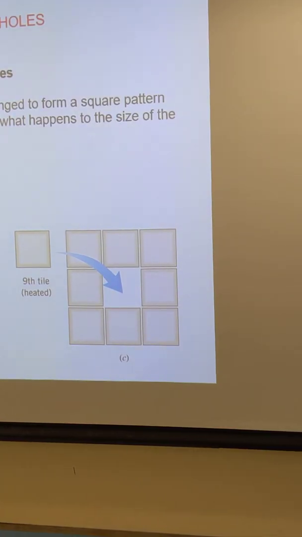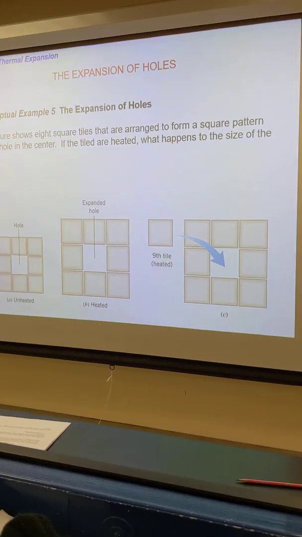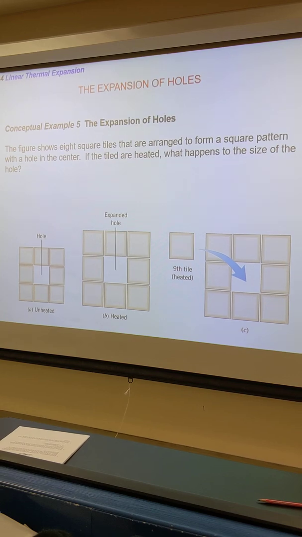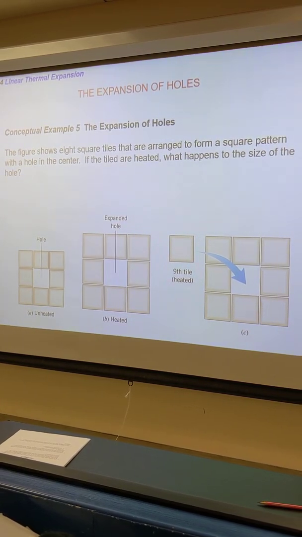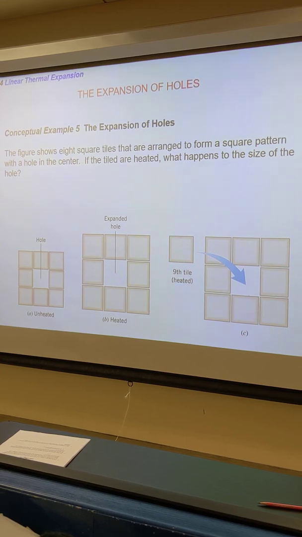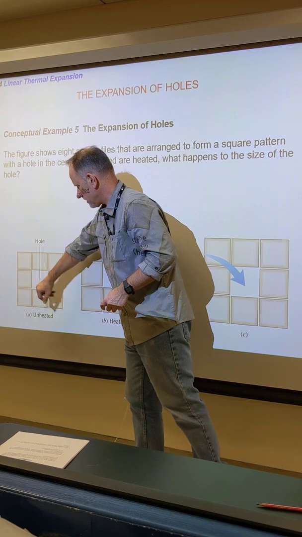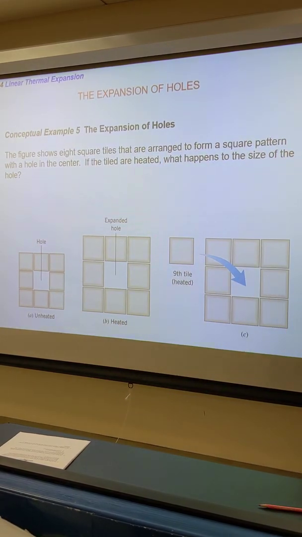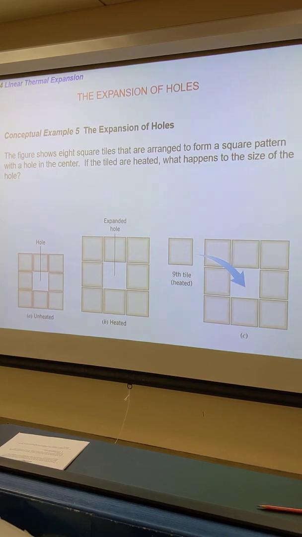All right. Now, something that might be a bit unintuitive, but we need to make sure we're clear as to what really happens here. So you have this conceptual scenario where they've removed one tile from this 9-tile constellation, and they heat it up, okay?